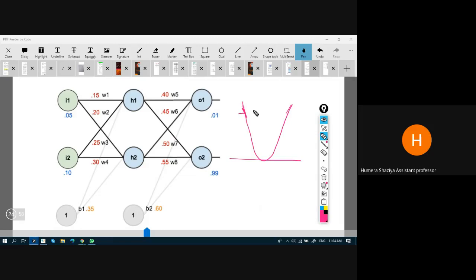At this point you find the derivative, at this point you find the derivative, and at this point you find the derivative. You go on finding the derivatives and computing the weights such that you reach the goal. Goal is to reach this bottommost place. Here you will get the lowest error. Here this denotes the error value.